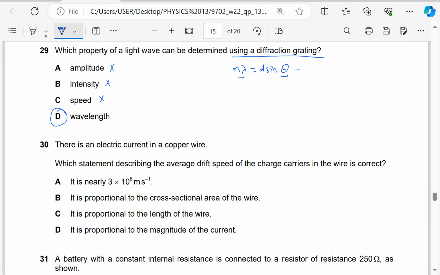There is an electric current in a copper wire. Which statement describing the average drift speed of the charge carriers in the wire is correct? Average drift speed. We know that I is equal to nQvA, my students always say never.